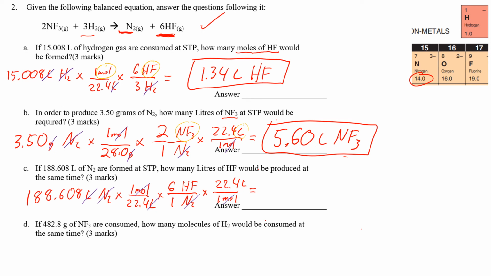So throw this in my calculator: 188.608 divided by 22.4 times 6 times 22.4 equals, and I get 1,131.6 liters of HF. The first number is 6 sig figs, this is 6 sig figs, 3 sig figs, no sig figs, 3 sig figs. My answer should be in 3 sig figs.